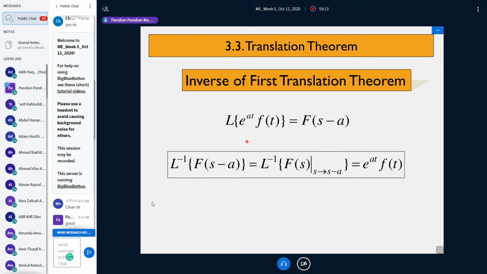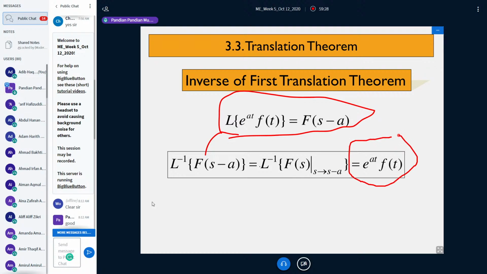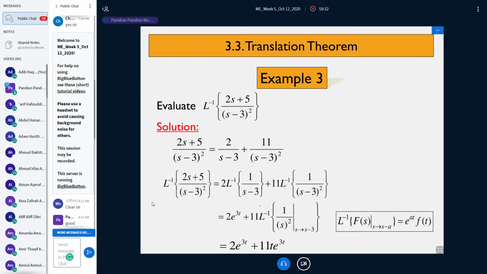Inverse Laplace is the same. You take inverse Laplace of F(s minus a), which is e^(at) f(t). So how do you do this? One thing is you must know partial fractions.